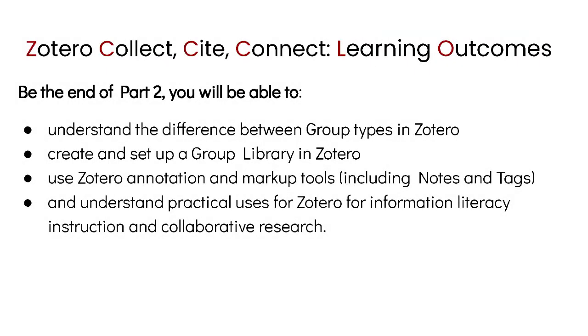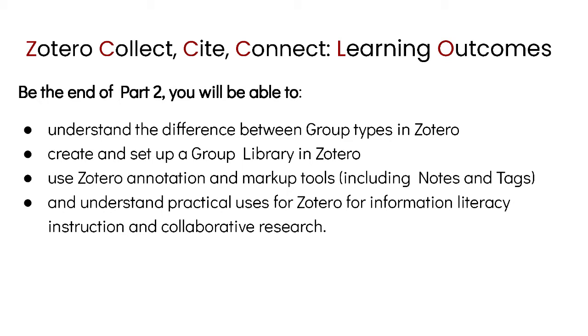So here are the learning outcomes for part 2. At the end of this presentation, you'll be able to understand the differences between the various Zotero group types that are available. And I will demo for you how to create a group in Zotero. There are 2 different ways of doing that, but basically it brings you to the same point to create your group and to apply all the settings and membership settings to that space, which we'll go through live in a demo.